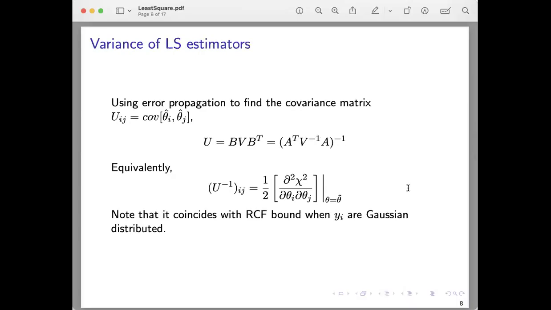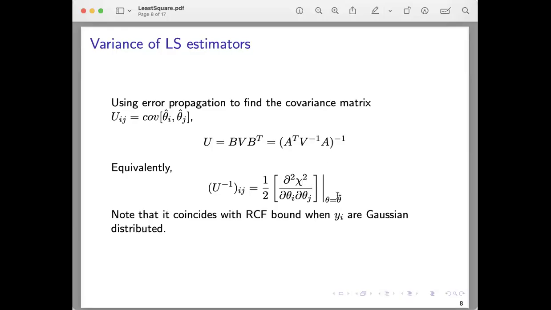Similarly, you can use the error propagation method to find the corresponding covariance matrix Uij. The expression for U will simply be B V B transpose, which is nothing but (A transpose V inverse A) inverse, or equivalently, if you take the inverse of the covariance matrix, it becomes half of the second derivative of chi-square with respect to theta i and theta j at theta equal to theta hat.